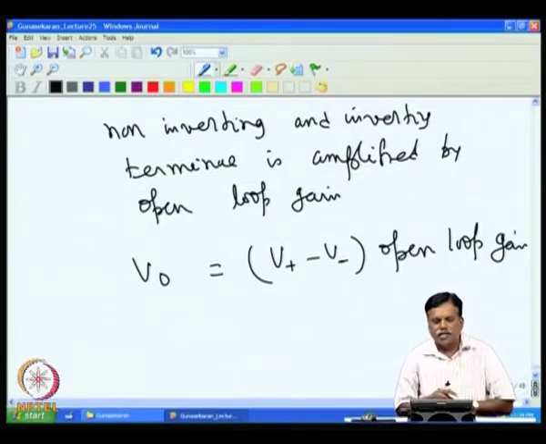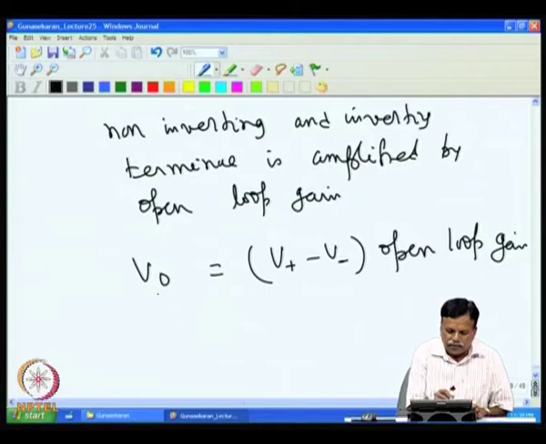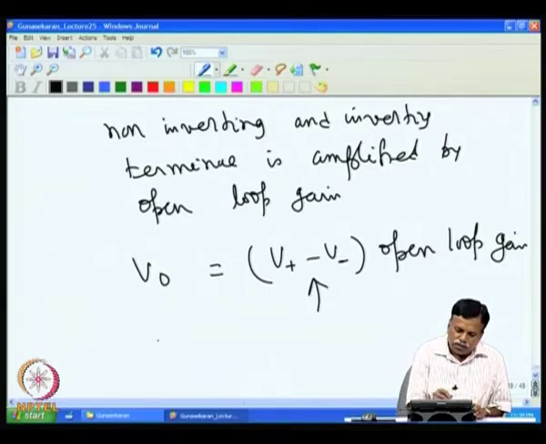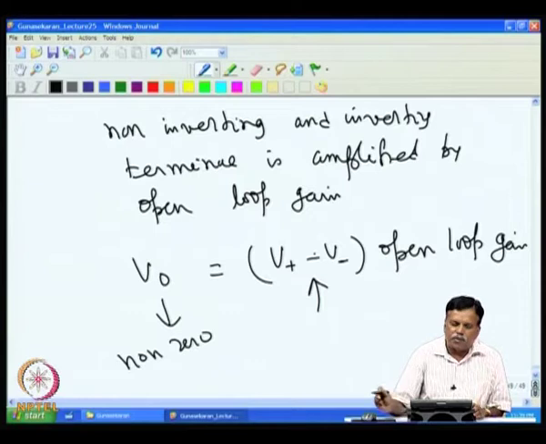Which essentially means if V0 is some finite value, then this cannot be 0. Because V0 is non-zero, V plus and V minus cannot be equal; there will be a difference.